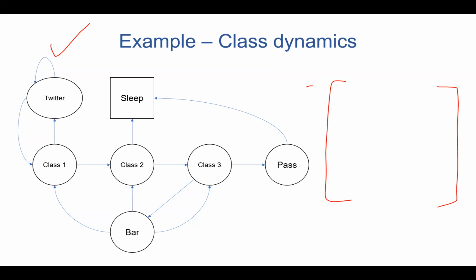We can have class 1, class 2, class 3, Twitter. You can pass, you can sleep, and you can go to the bar. And then we can also have the same thing as columns: C2, C3, Twitter, pass, sleep, or go to the bar.